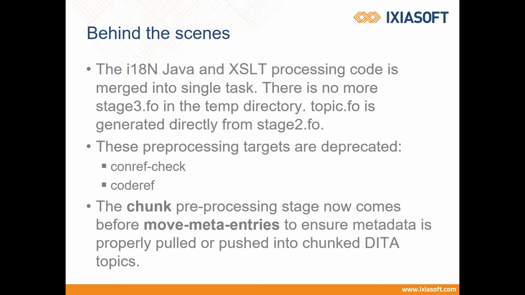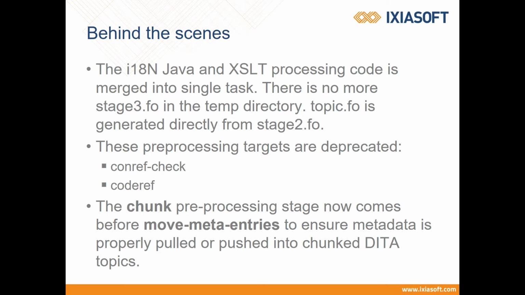Behind the scenes stuff that you may not notice is that there's no more stage 3.fo. So if you had anything in your custom plugin that depended on doing something to stage 3.fo, you'll need to change that so that it now does whatever you were doing with stage 2.fo. It's probably pretty rare that you do, but maybe.